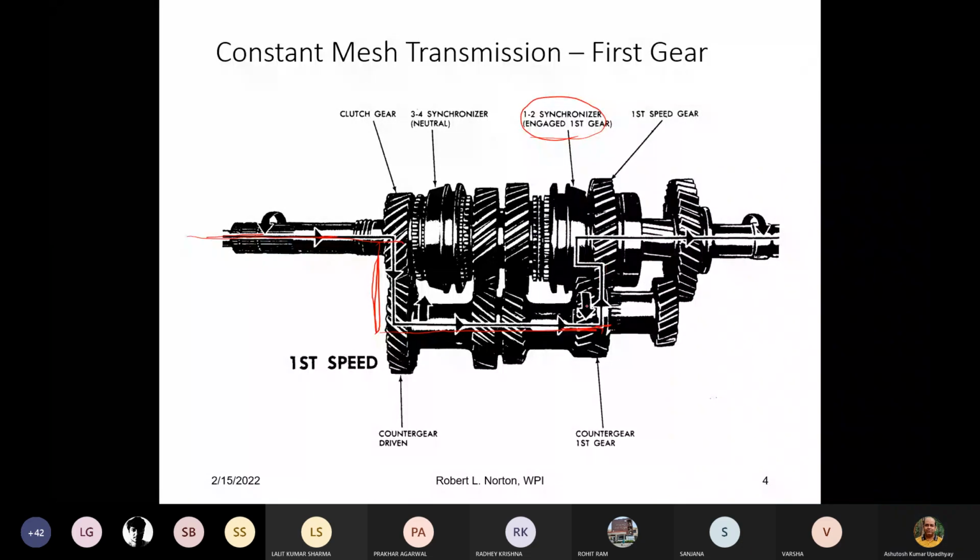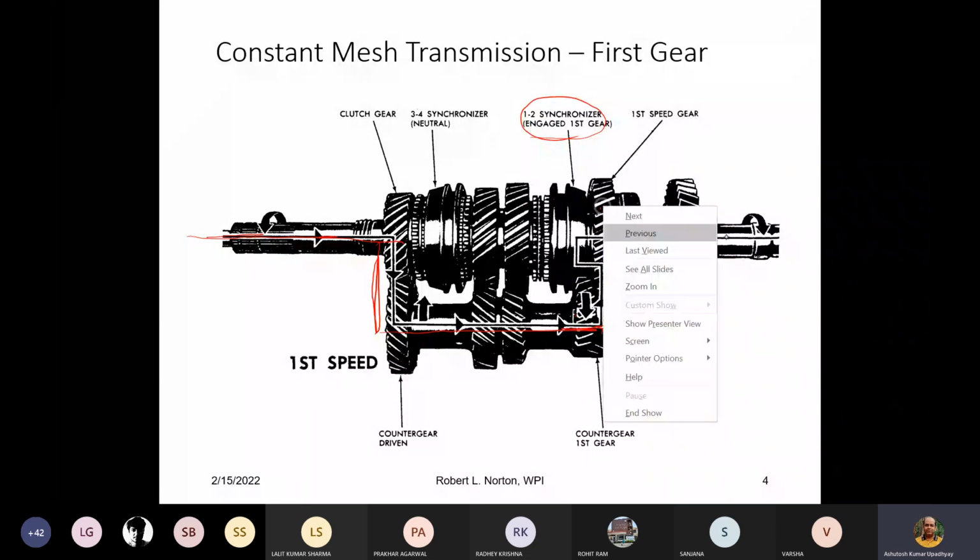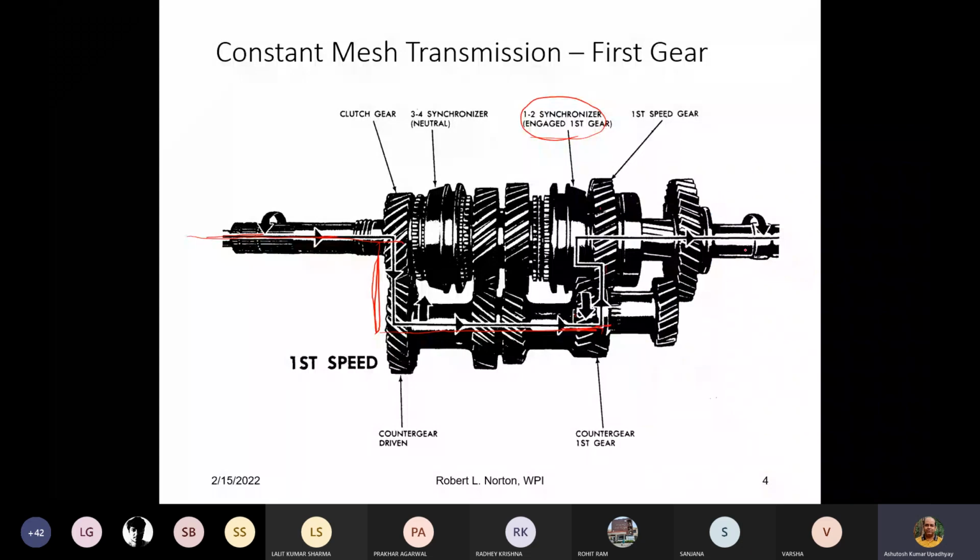These gears are always in contact, but the gear is not directly transmitting the motion to the main shaft because the gear is on bearing. The first gear, the second gear, the third gear, every gear on the main shaft is on bearing, so it is free to rotate. It is not going to affect the motion of this main shaft.